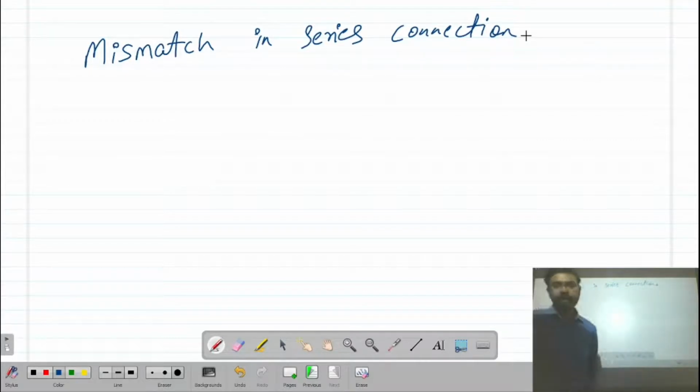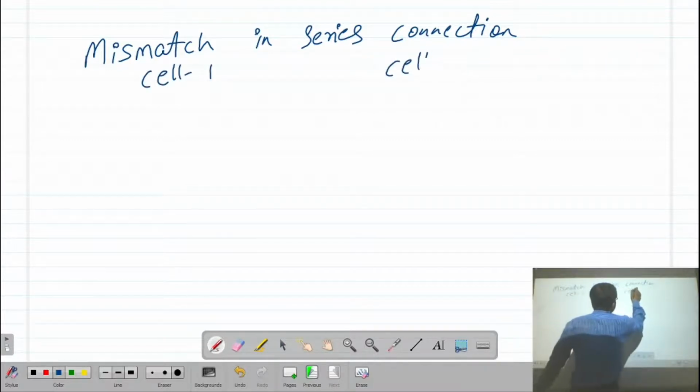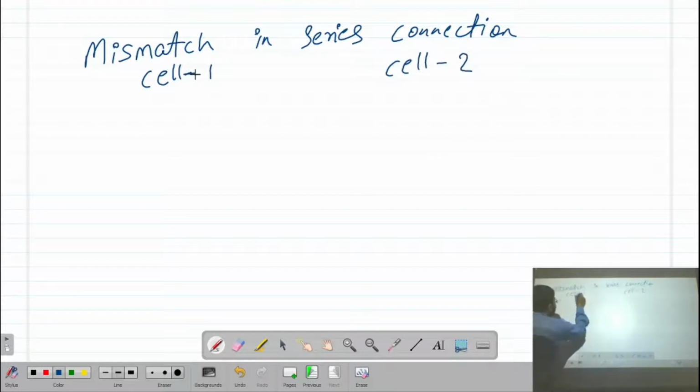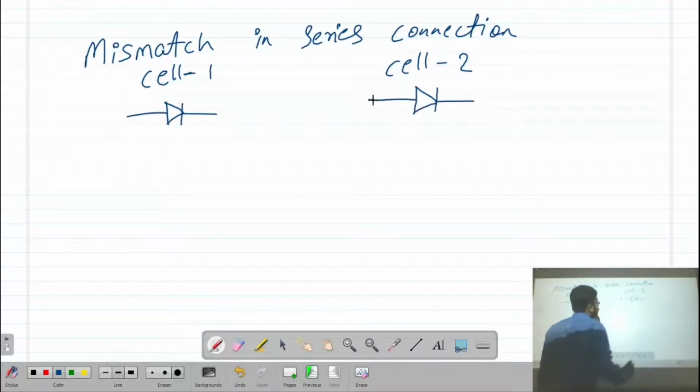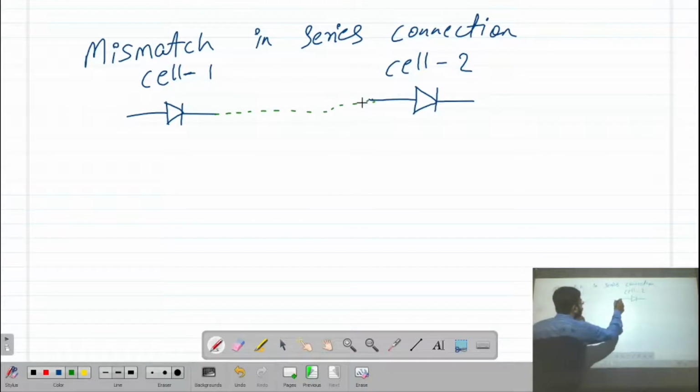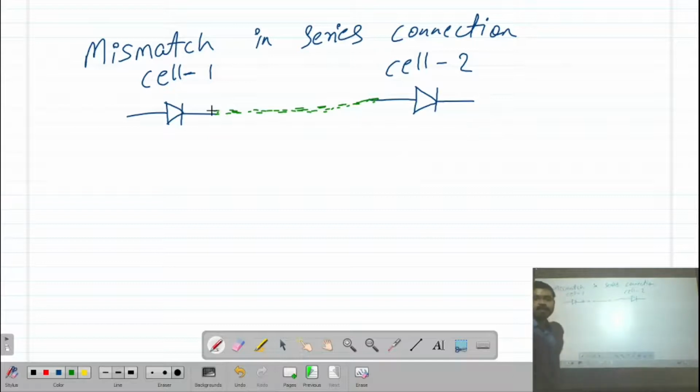Let us take cell 1 and cell 2. As both have to be connected in series, this terminal will be connected to this terminal. This is nothing but the series connection of cells.